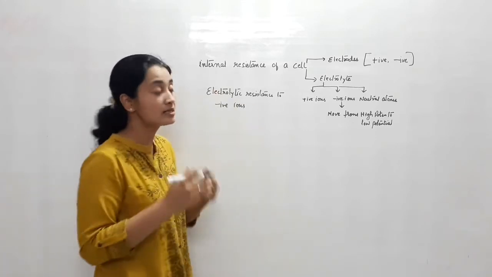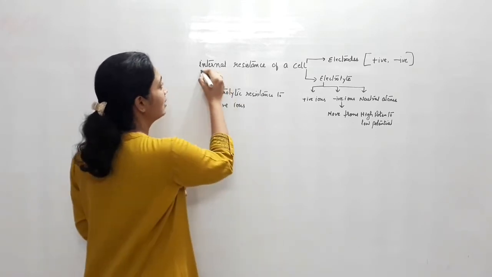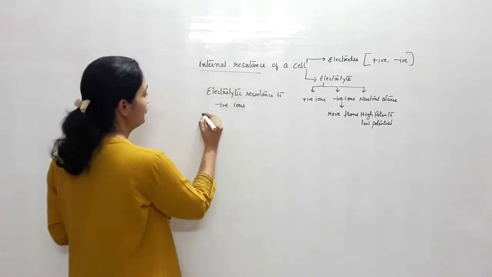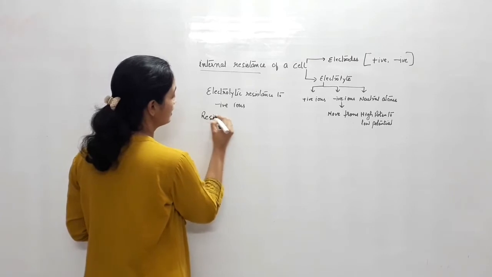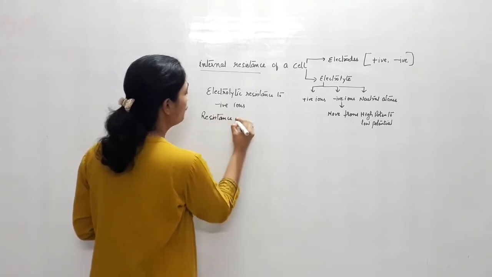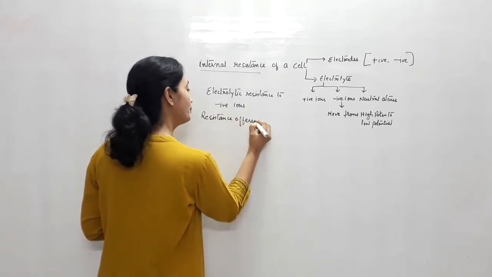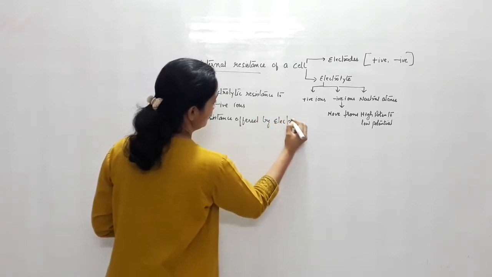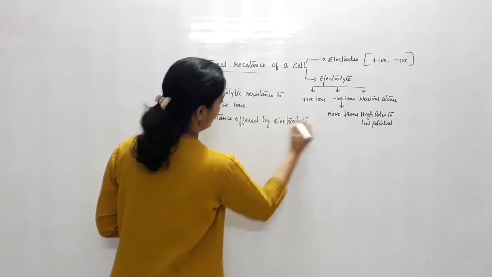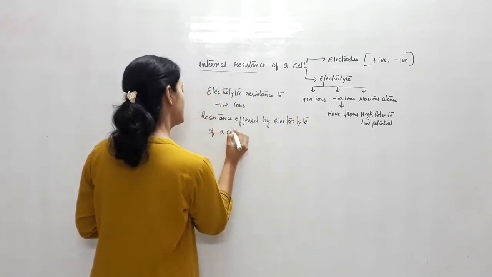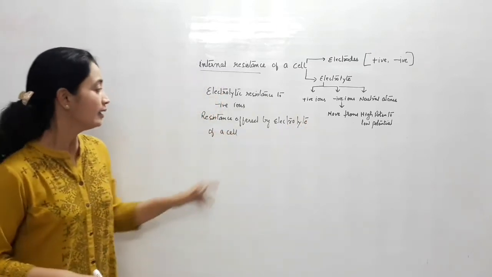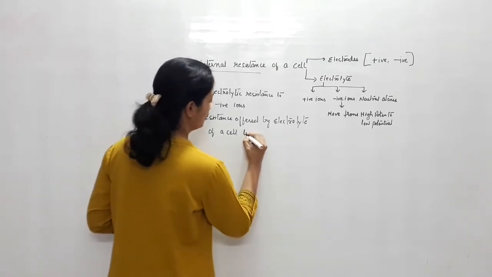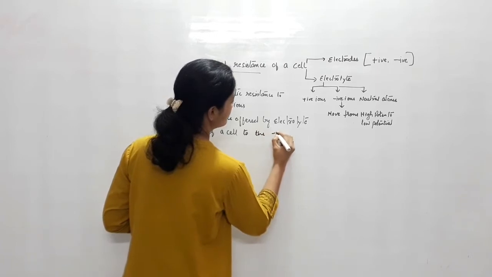If you want to define the internal resistance of a cell, it is basically the resistance offered by the electrolyte of a cell. To whom? To the negative ions.